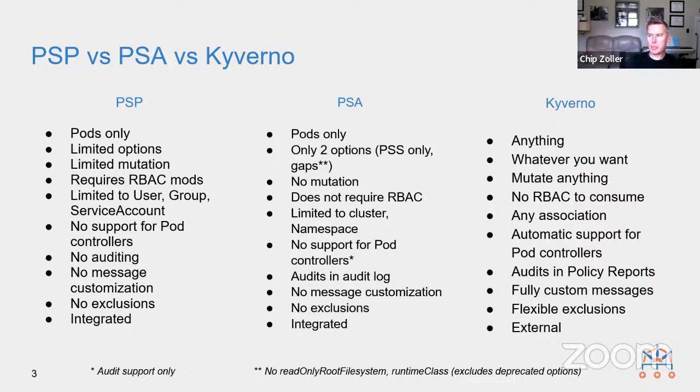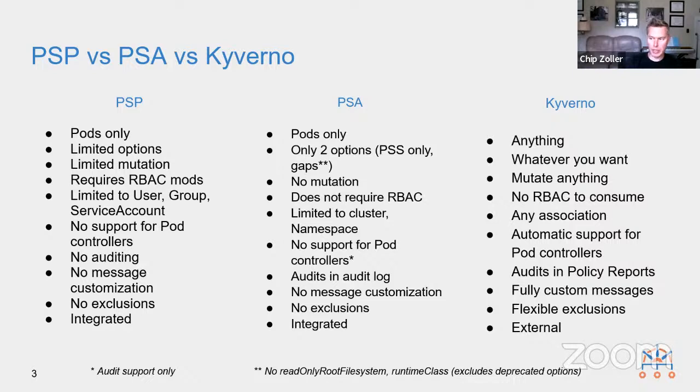Starting with PSPs, as the name implies, PSPs are pods only. It's designed only for pods, and that's great. But as probably everybody operating a Kubernetes environment knows, pods aren't the only concern that you have. Even when it comes to security, there are many other things and dimensions to Kubernetes that need security than just pods.